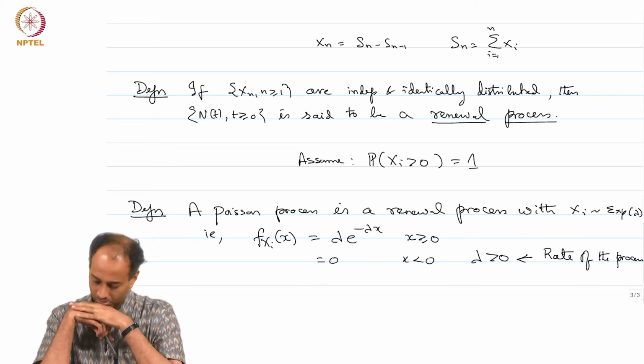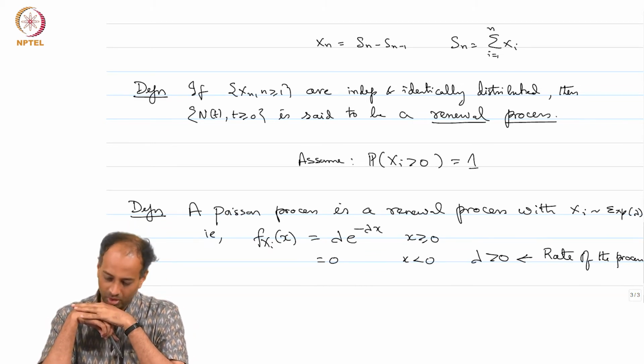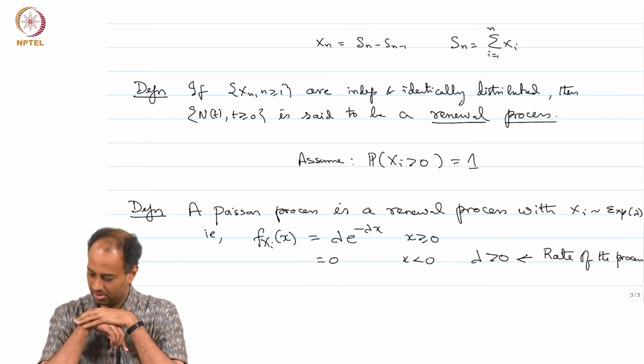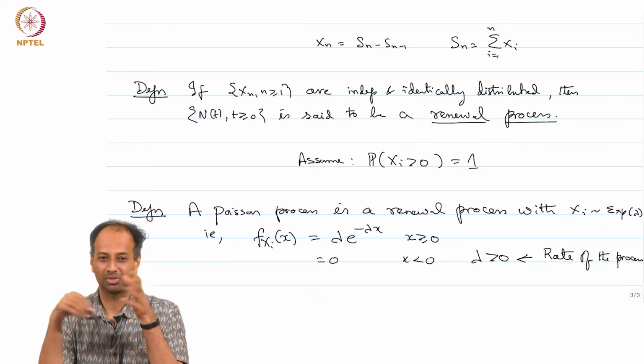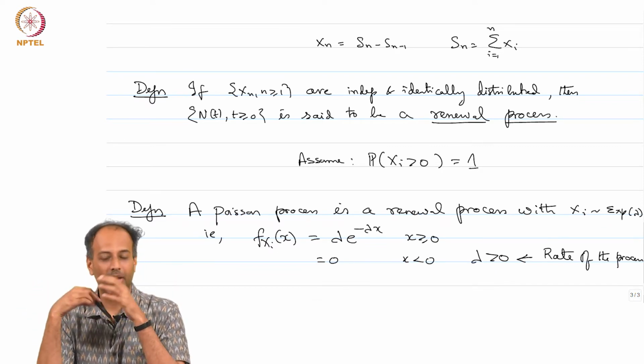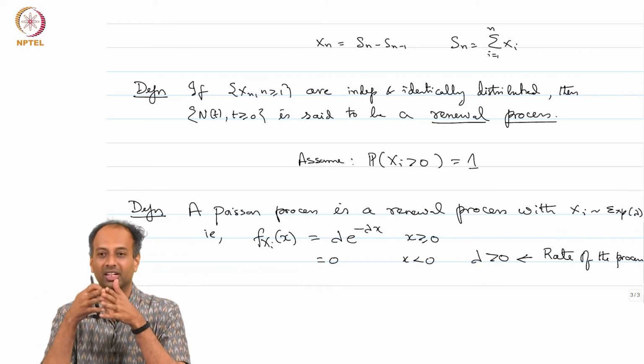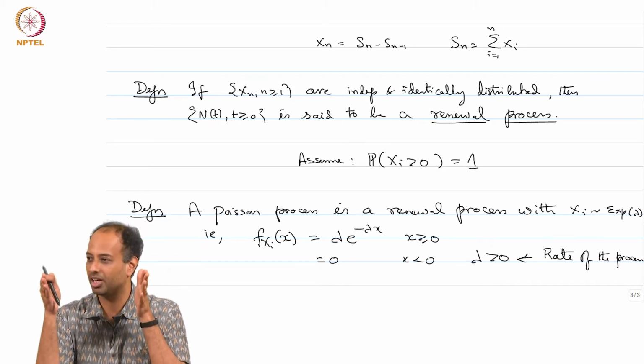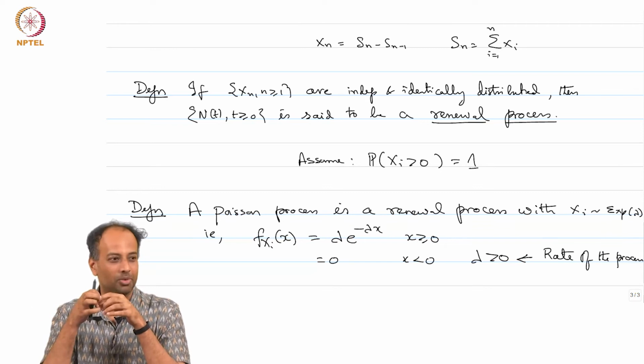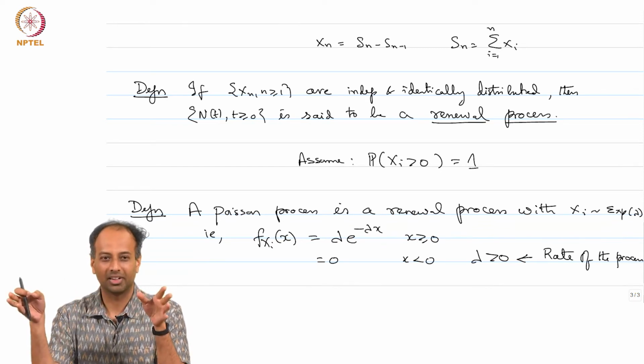Now, what is so great about this exponential distribution? We are saying renewal process means IID interarrival times. I am giving it a specific name when these interarrival times are exponentially distributed. I am calling it by a very specific name, Poisson process, and I have a chapter dedicated to it.